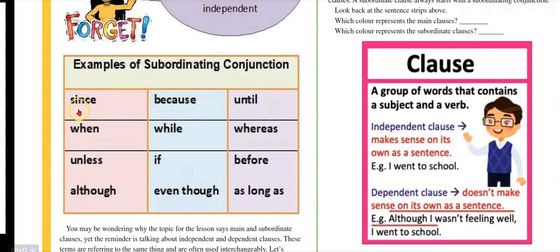Remember these: since, because, until, when, while, whereas, unless, if, before, although, even though, as long as. Those are some examples of our subordinating conjunctions. Okay, so they go before the subordinate clause.